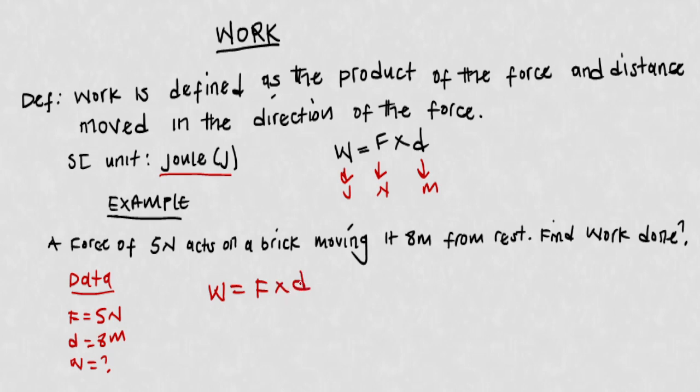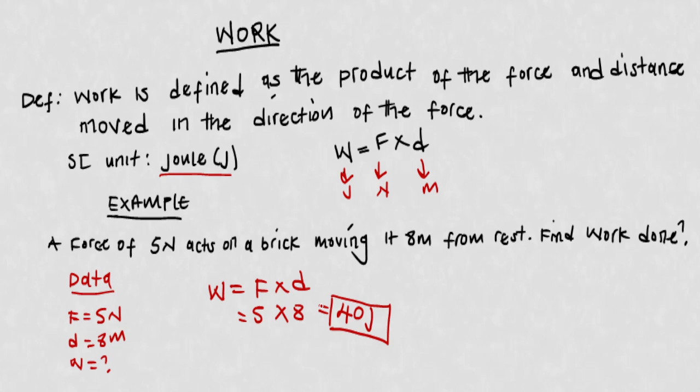So the force is 5 and the distance is 8. 5 multiplied by 8 gives 40 joules. So the work here is 40 joules. That is how we can find work.